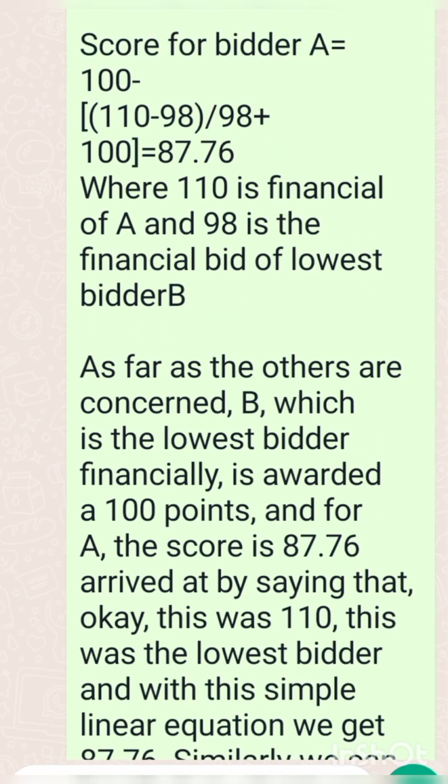Score for bidder A is equal to 100 minus (110 minus 98) divided by 98 times 100, which is equal to 87.76, where 110 is the financial bid of A and 98 is the financial bid of the lowest bidder B. B, which is the lowest bidder financially, is awarded 100 points, and for A the score is 87.76, arrived at with this simple linear equation.